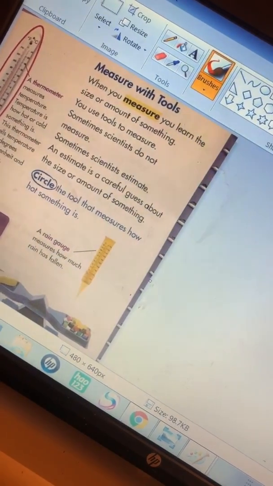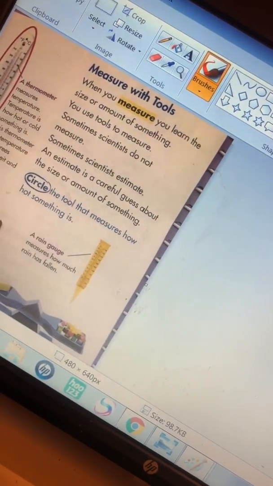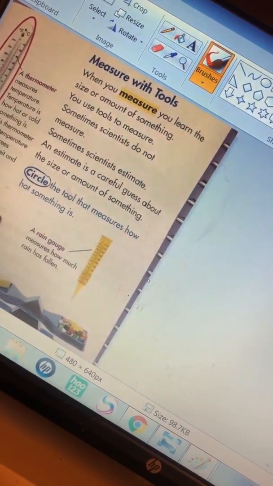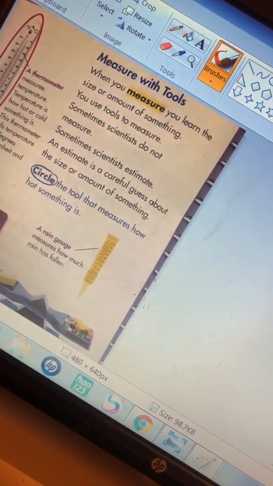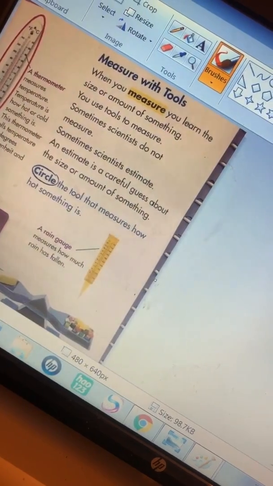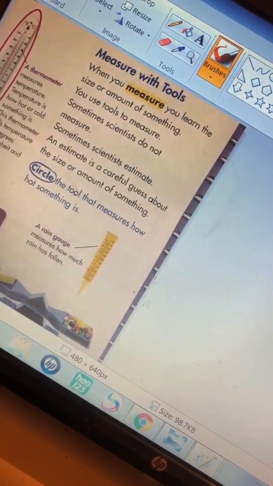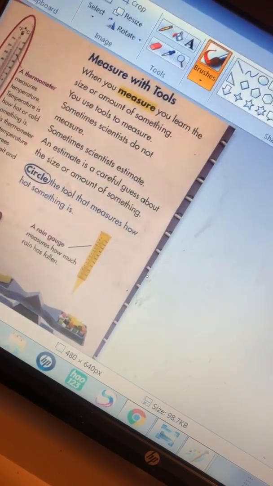But they sometimes don't measure, so they don't use tools. They just estimate the size or the amount of something. So estimate means a careful guess. They just guess carefully.